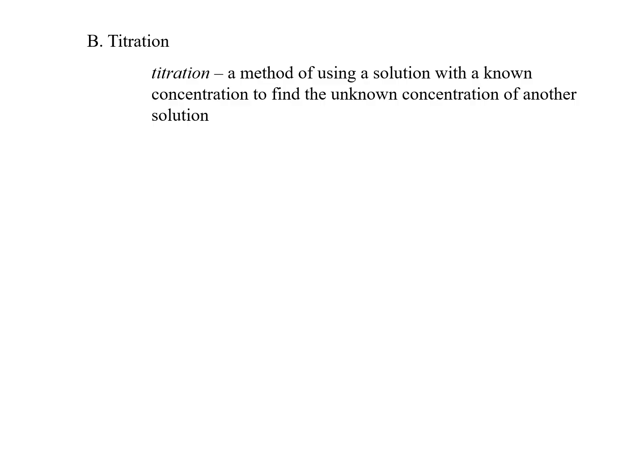And the great thing is, if we're talking about acids and bases, we know that if we put just the right amount of acid and base together, we should end up with a pH of 7, right? So the idea is that if we know the molarity of one of those acids and bases, then we can figure out the molarity of the other one because we know when they're going to be equal. We just have to look for a pH of 7.